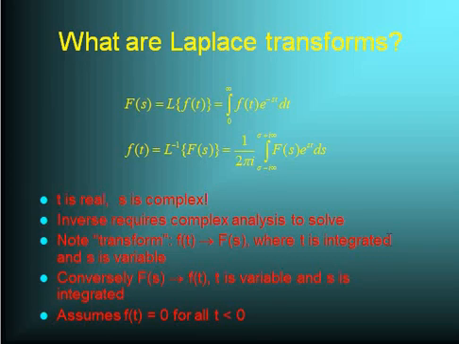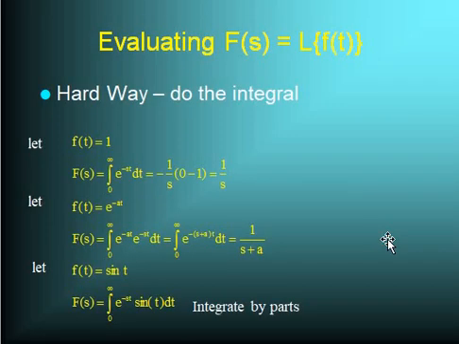The transform takes a function f of t to F of s, where t is integrated and s is a variable. Conversely, if a function goes from F of s to f of t, t is considered a variable and s is integrated. If we assume f of t equals 0 for all t less than 0, we evaluate F of s, which is equal to L of f of t.